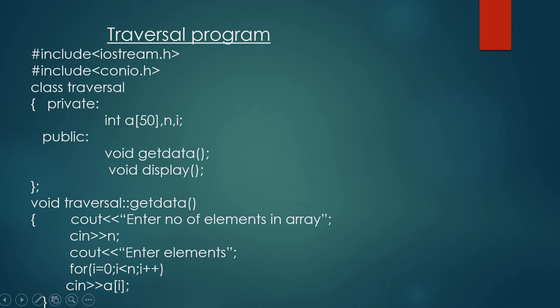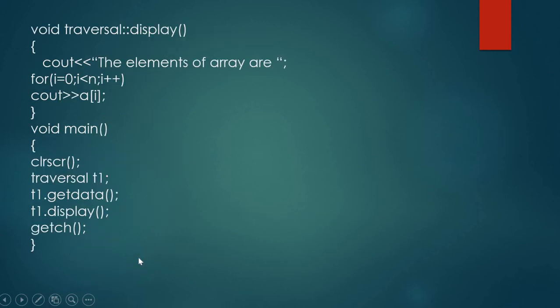Okay, if the array is a of 5, it will read a of 0, a of 1, a of 2, a of 3 and a of 4. Like that it will read all the elements. Next, in the display function, for i is equal to 0, i less than n, i plus plus, then cout a of i.